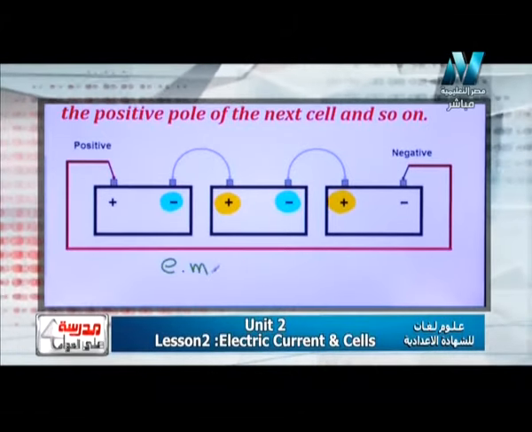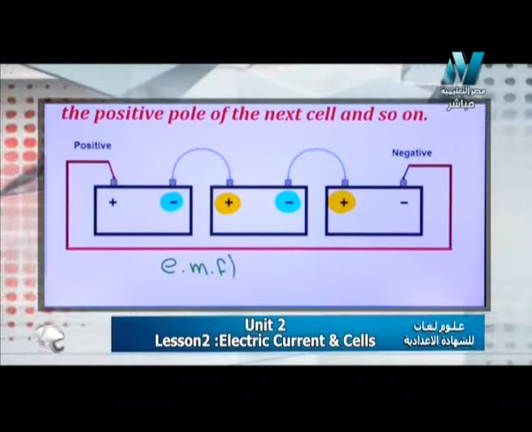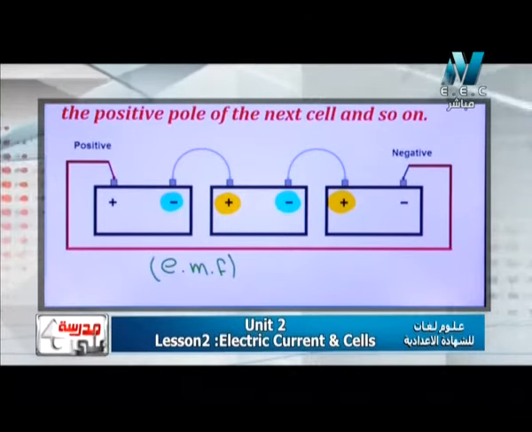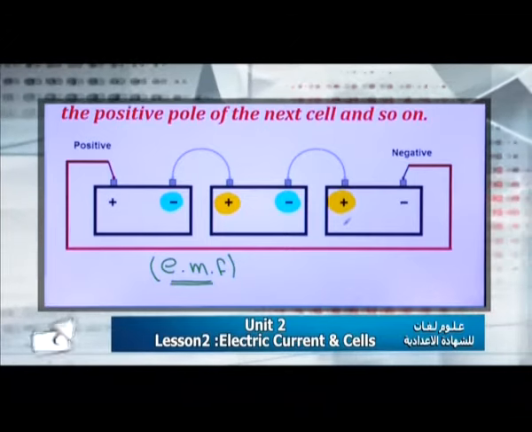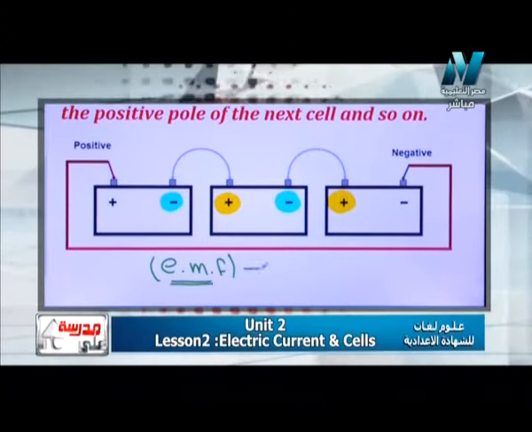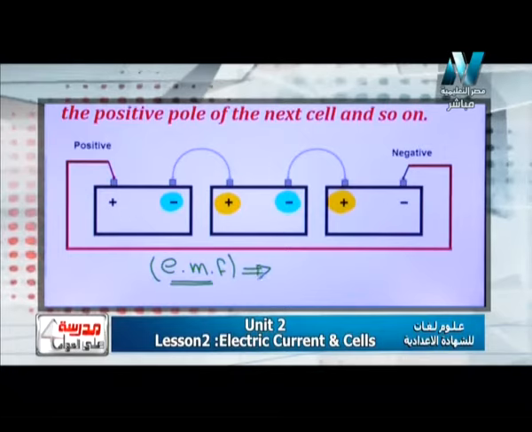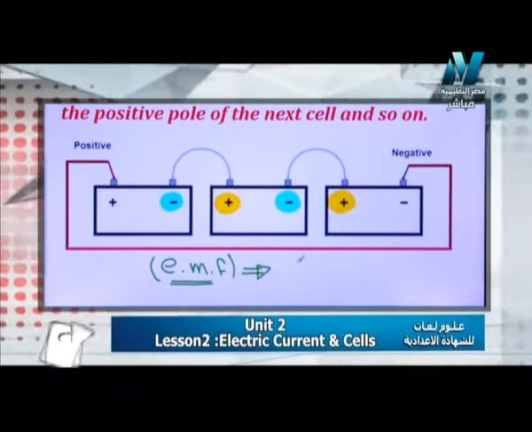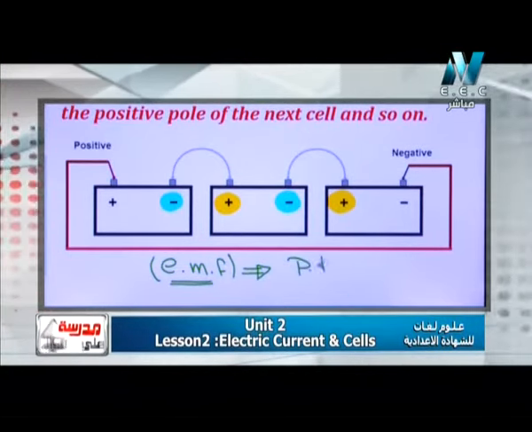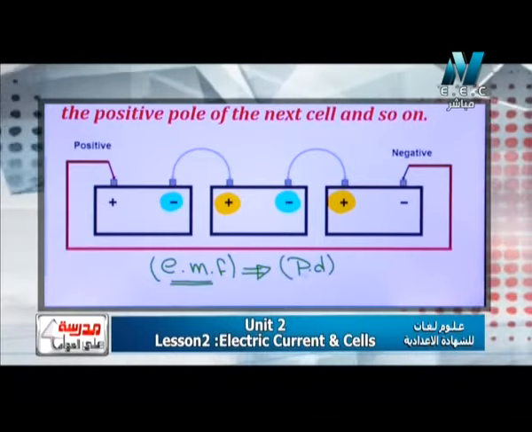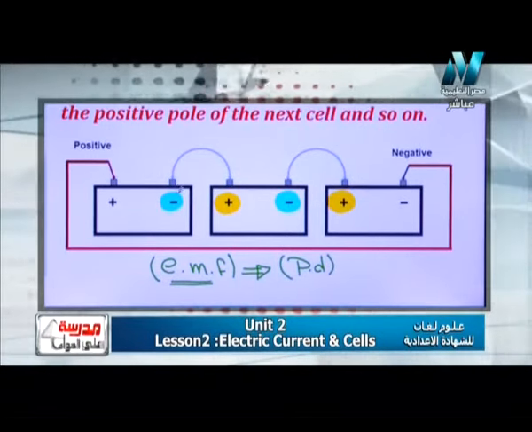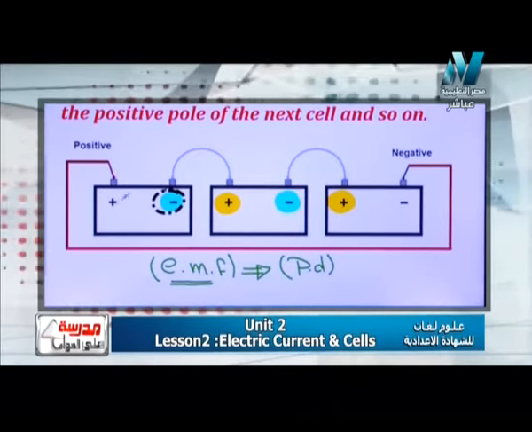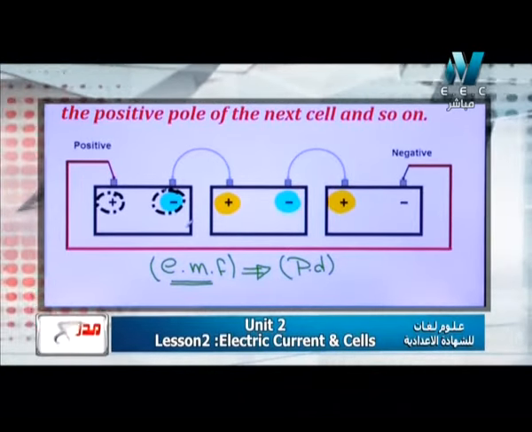From the previous lesson, we said electromotive force is the potential difference between what? Who can remember? Between the two poles of the electric cell when the electric circuit is opened.